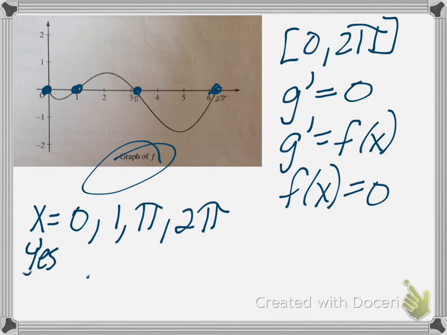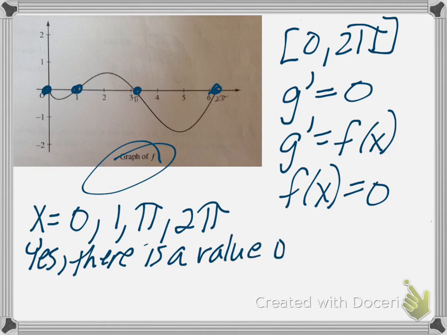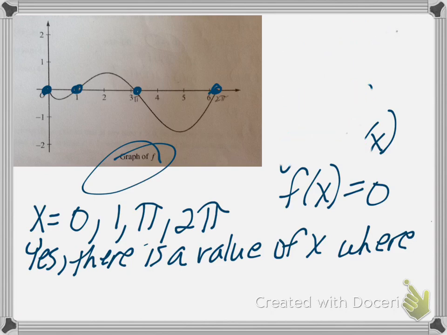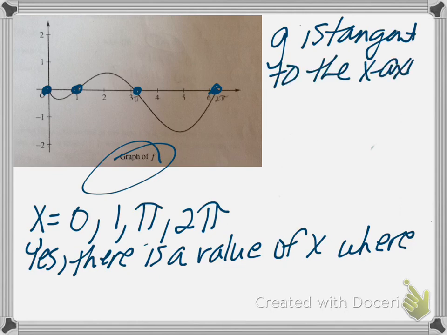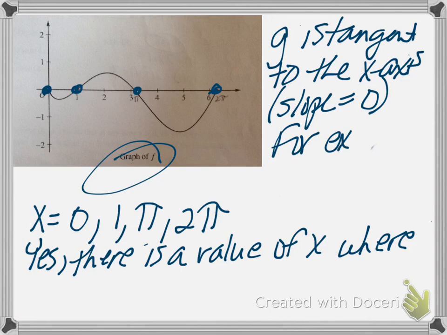Okay, so yes, there is a value of x where, let me just make some room up here, I'll finish it up here, where g is tangent to the x-axis, and then you could put in parentheses slope equals 0, and then you could write something like, for example, when x equals 1.